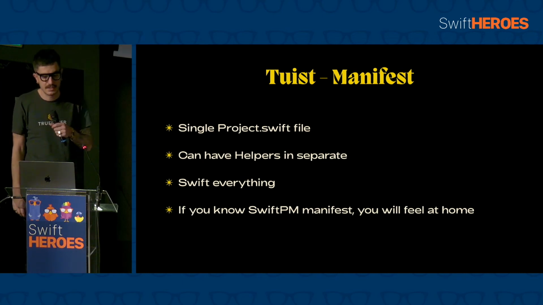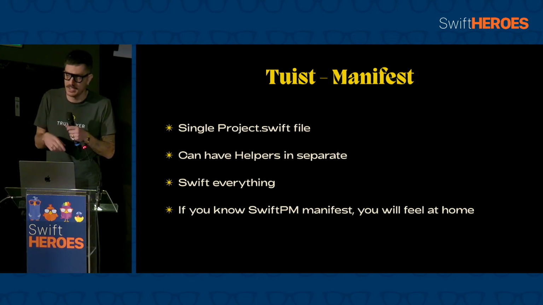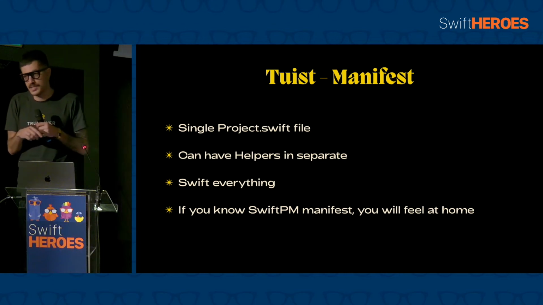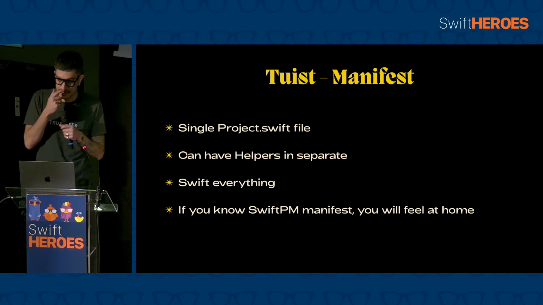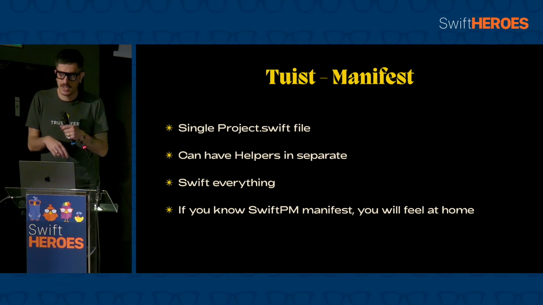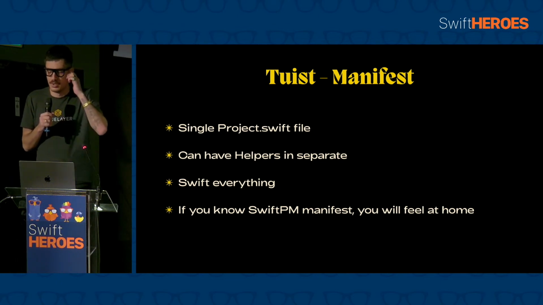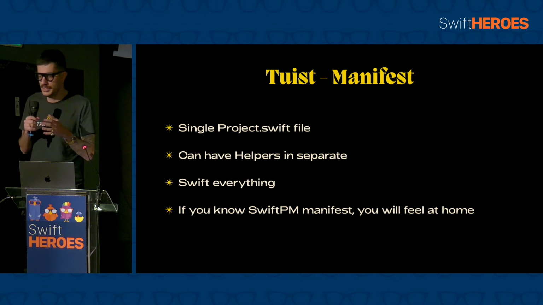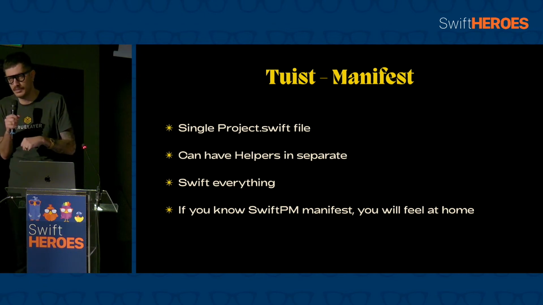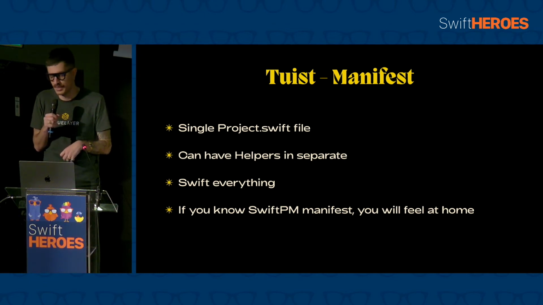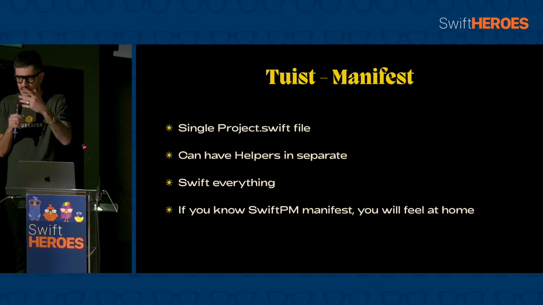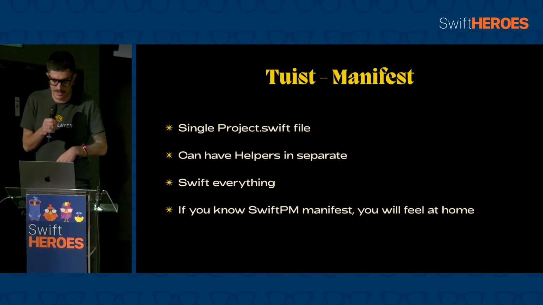It's a single project.swift file. Again, in this case, it's not customizable in itself. It has to be project.swift, but you don't have to have everything inside of that. Tuist has this concept of helpers: you create a folder called Tuist in your root directory, or actually anywhere, because it looks in the whole folder hierarchy.